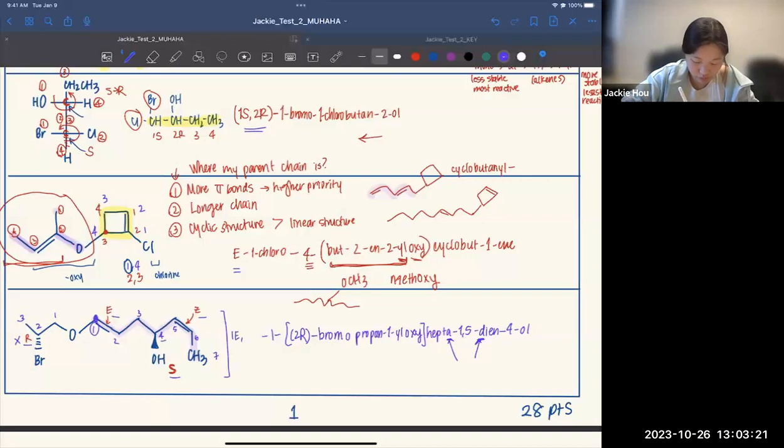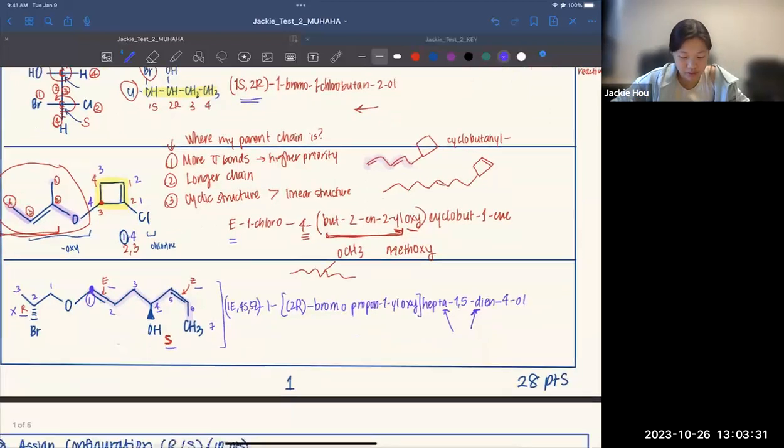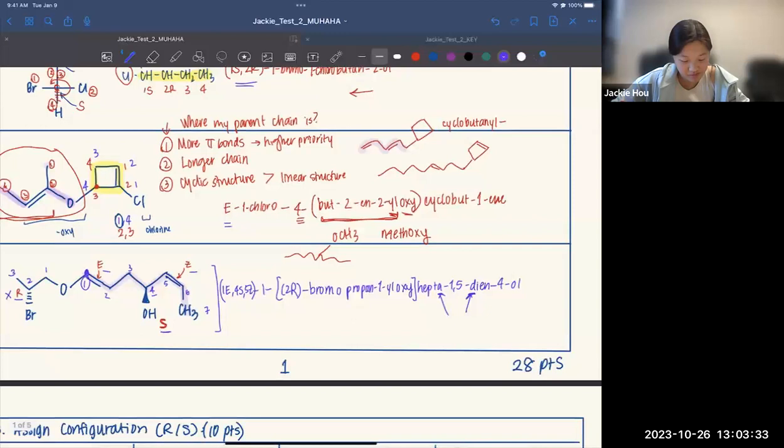This one I have a 4S. And this one I have a 5Z. And so our final compound is going to be 1E,4S,5Z-1-(2R-bromopropan-1-yl)oxy-hepta-1,5-dien-4-ol.